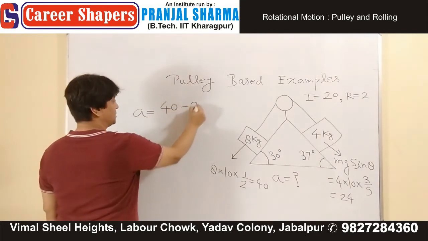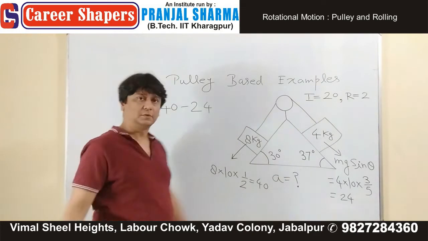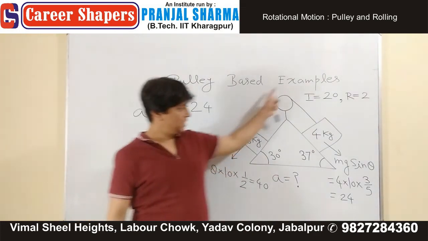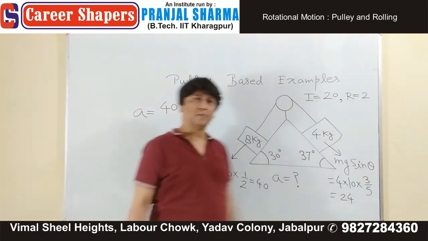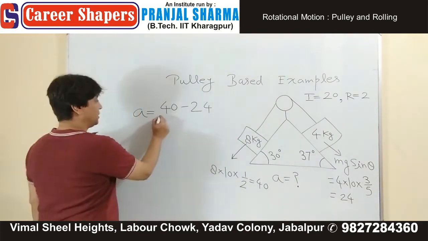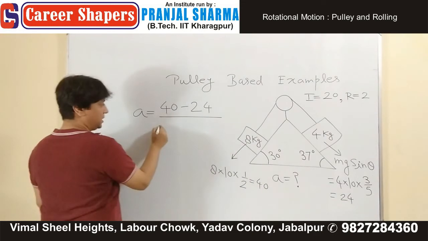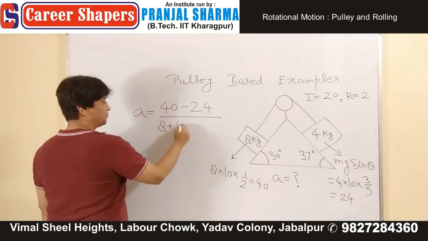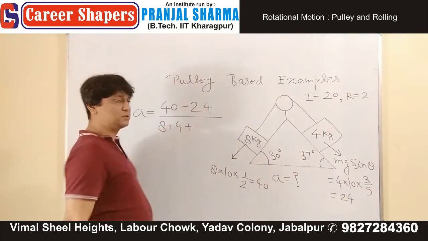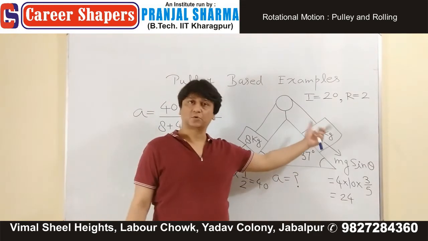40 minus 24. This 40 is being opposed by 24. That's the net force. Divided by total mass 8 plus 4 plus I upon R square.